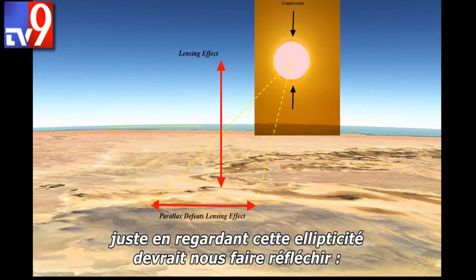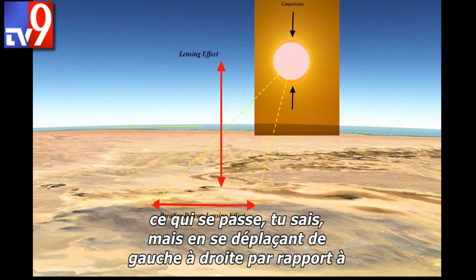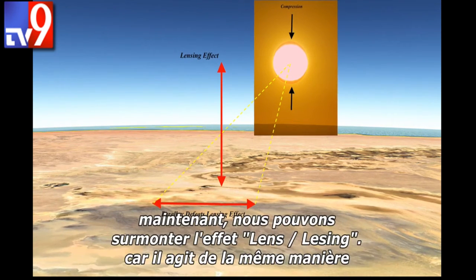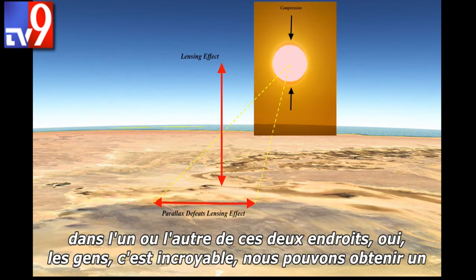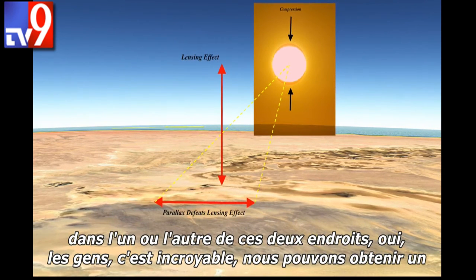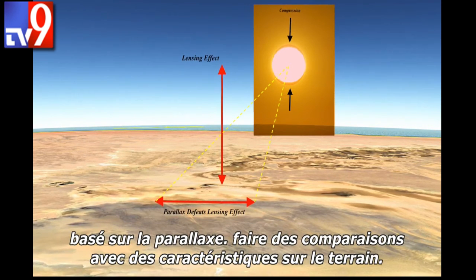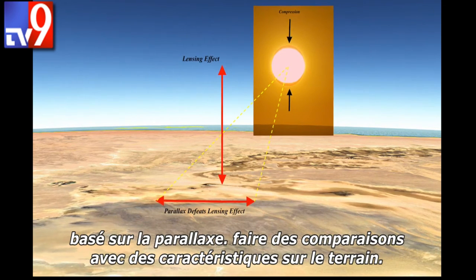Just seeing that ellipticity ought to make us wonder what's going on. But moving left to right, perpendicular to the direction to the sun, we can defeat the lensing effect because it's acting the same at either location. We can get a direction to the sun and a distance to the sun based on parallax, comparisons to features on the ground.